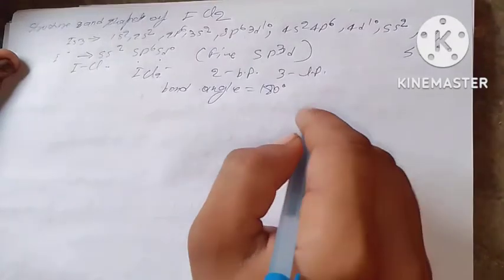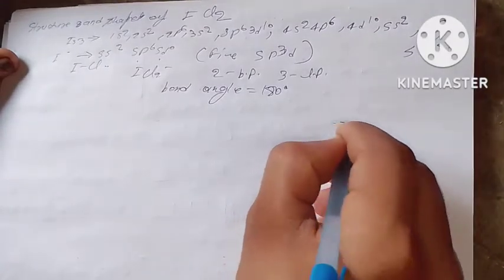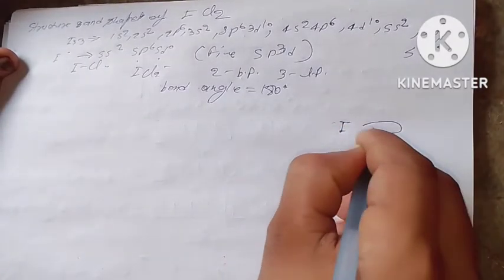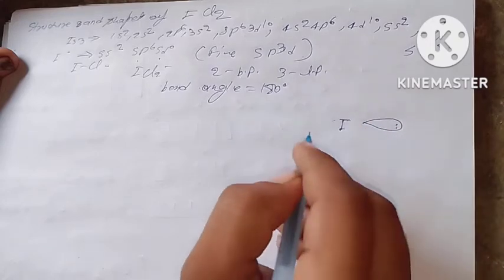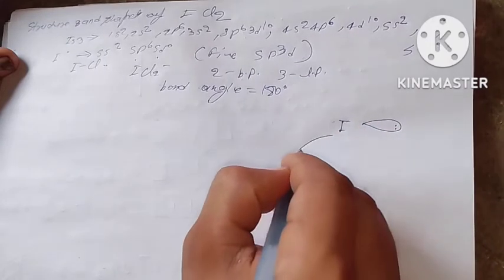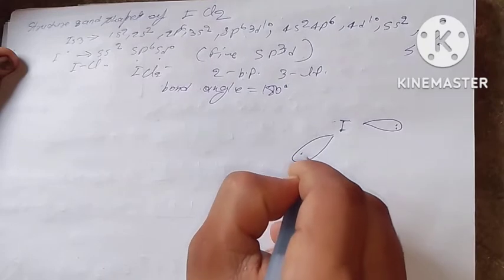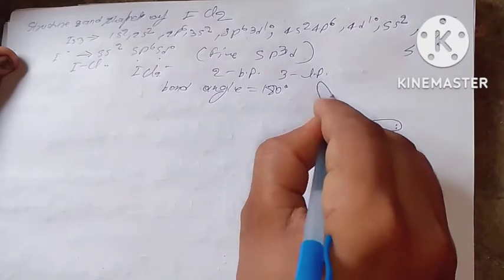Structure: this is the iodine atom. This is the first lone pair, the second lone pair, and the third lone pair.